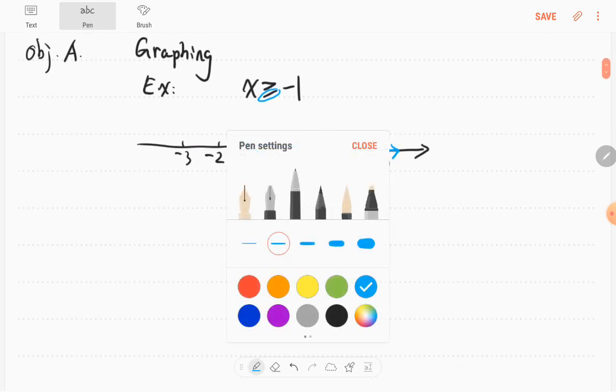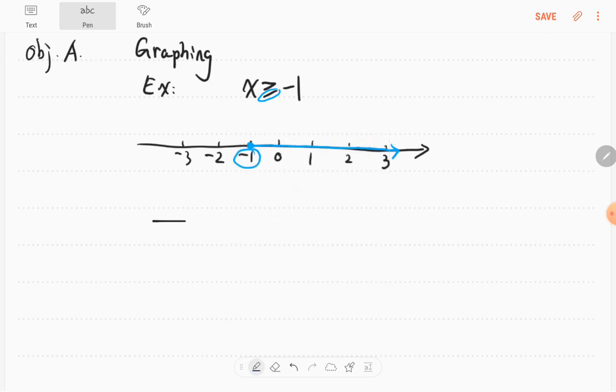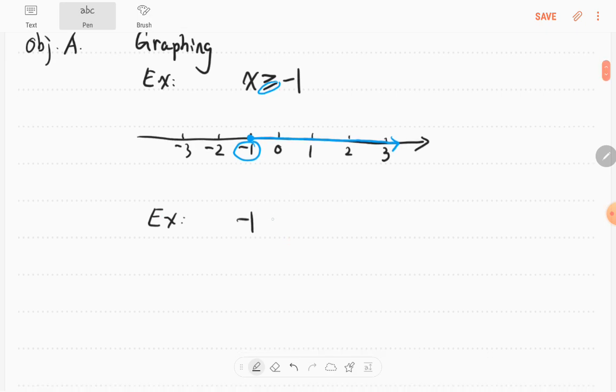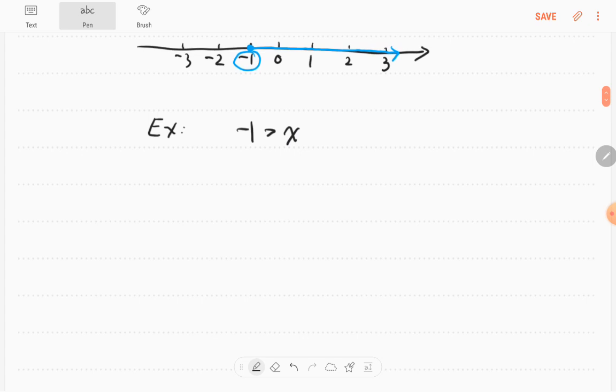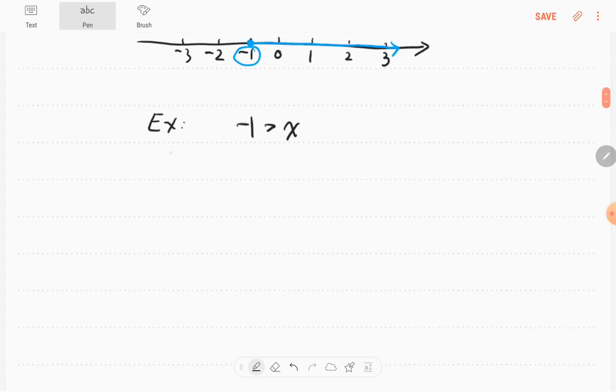We can check another one. This time we have the inequality -1 is greater than x. For this kind of problem, I will first try to convert the inequality to an equivalent one.